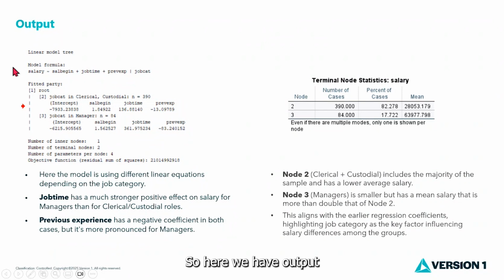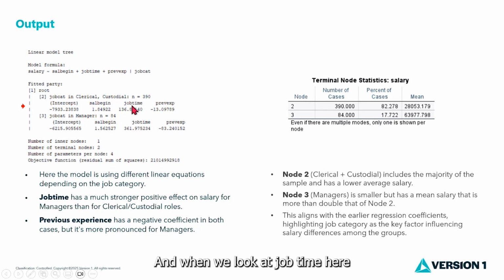So here we have output, and you can see the model here. So I'm predicting salary using beginning salary, job time, and previous experience. Job category is my partition variable. So this will be the first split in the tree. You see that here, we've got clerical and custodial versus managers. But what's happening is the model is using different linear equations depending on the job category.